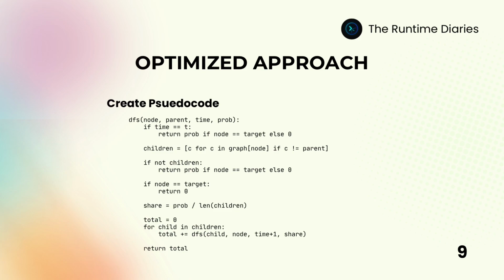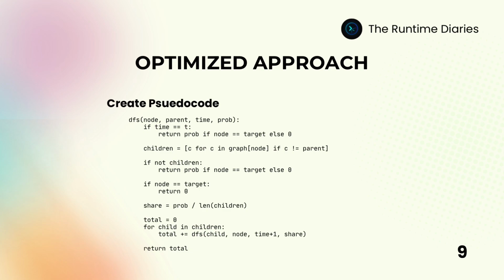Here's the DFS structure, written cleanly. We define DFS with node, parent, time, and probability as parameters. If time equals t, return probability if node equals target, else 0. Get children by filtering out the parent from the graph neighbors. If there are no children, return probability if node equals target, else 0.